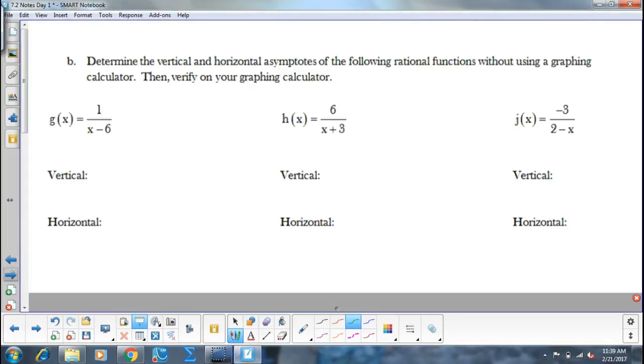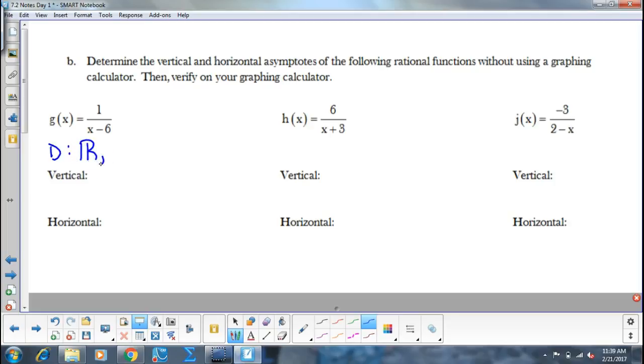So now, without a calculator, on this one, what's the domain? All real numbers. That's how domains and ranges start.